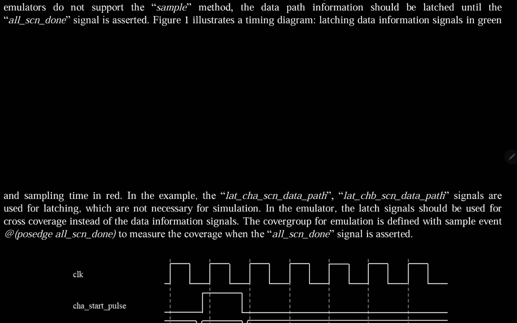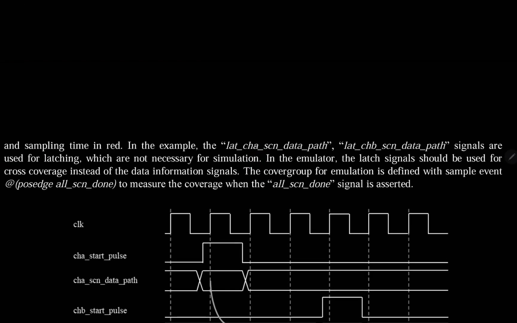And in the example, LAT_CHA_SCN_data_path and LAT_CHB_SCN_data_path signals are used for latching, which are not necessary for simulation.